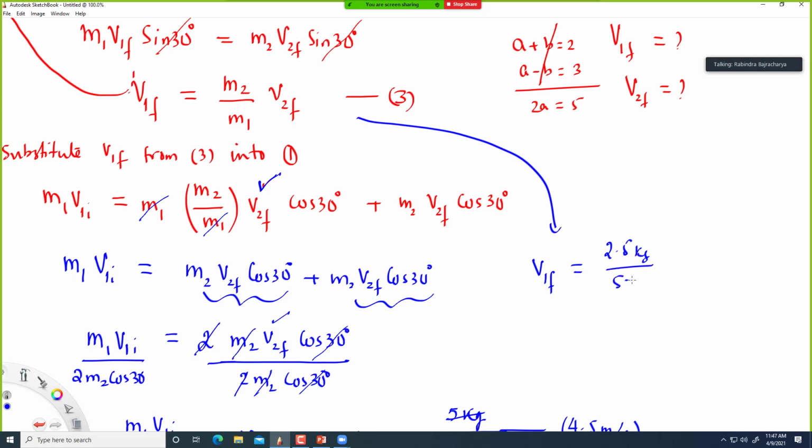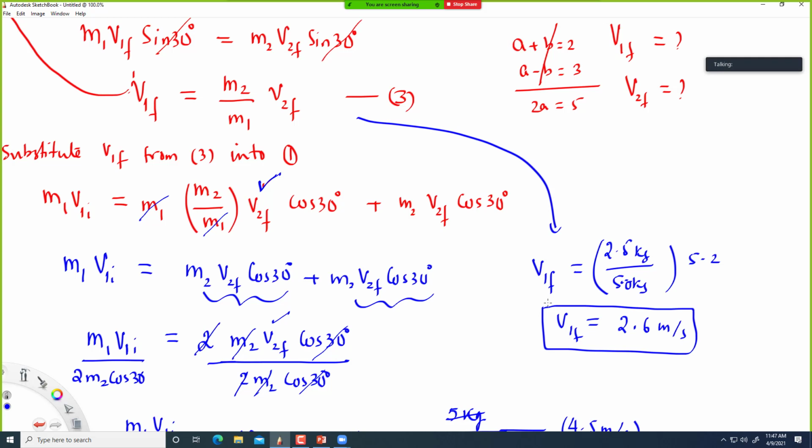So that's 5 kilogram, that times V2F, which is 5.2. So that will give us 2.6 meters per second. Okay, that's that.